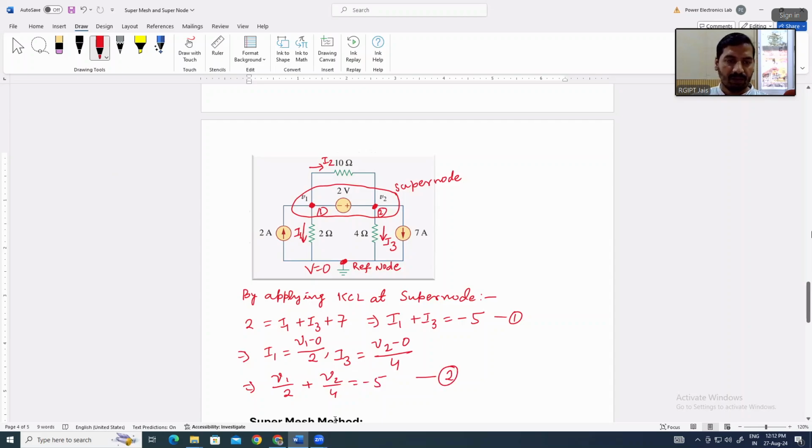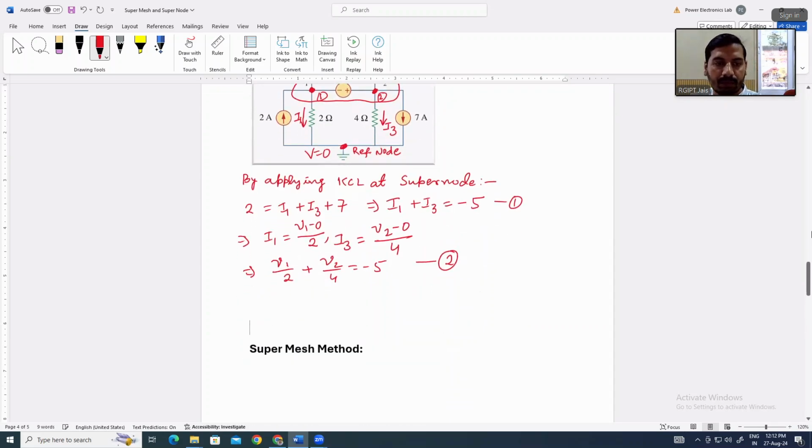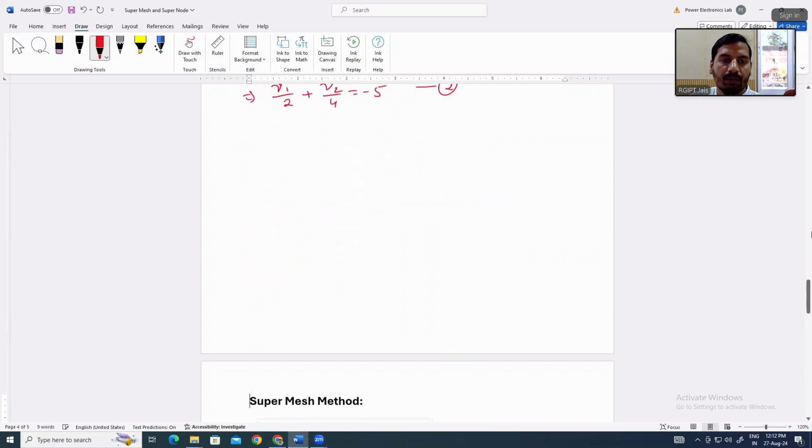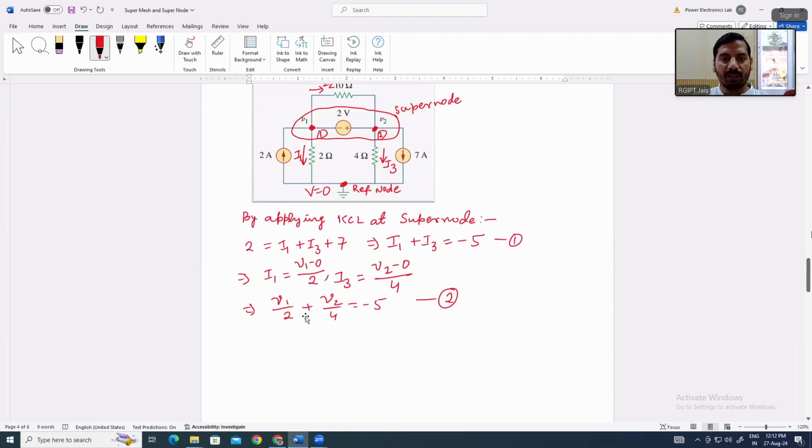Okay. So we have one equation where V1 and V2 are variables. And we obtained this equation by applying KCL at the supernode.